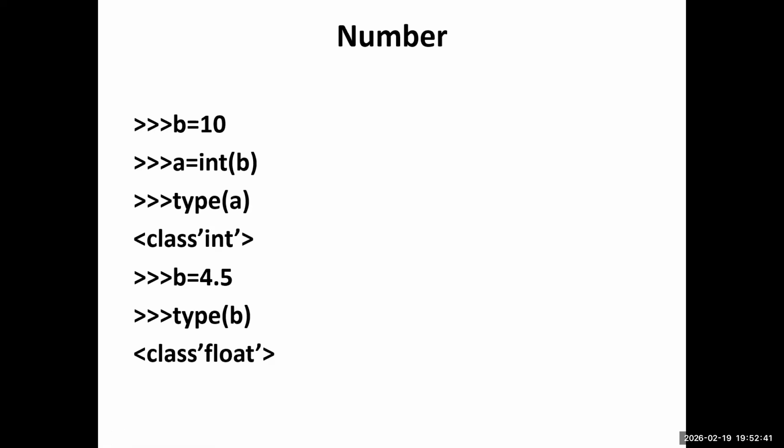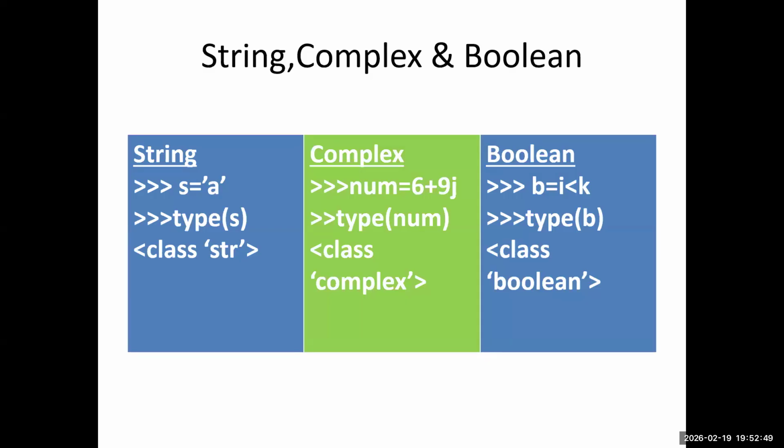Similarly, b equal to 4.5, then type of b is float. So this is the data type introduction. Then string, complex, boolean I have given here. String means the value occurs within single quotes, then type of yes, and this is the output.